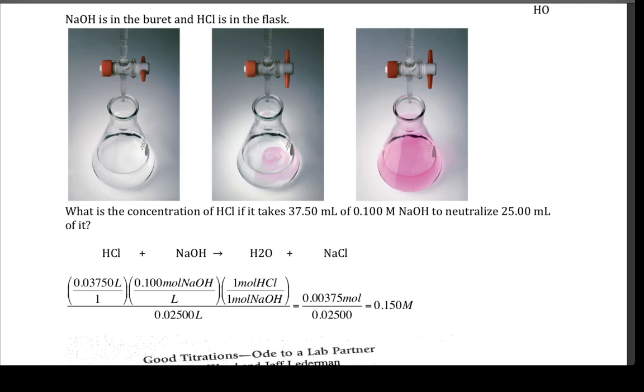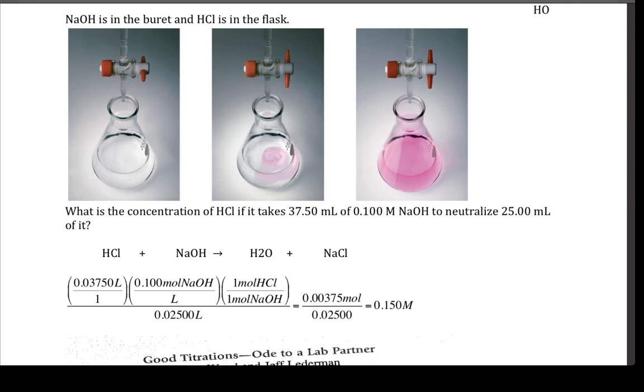So here's our problem. What is the concentration of HCl? So that would be the original concentration of the HCl in the flask. If it takes 37.50 mLs of 0.100 molar NaOH to neutralize 25.00 mLs of HCl.